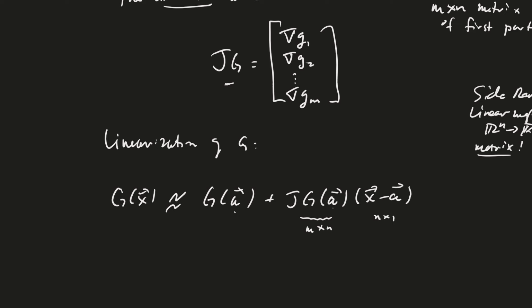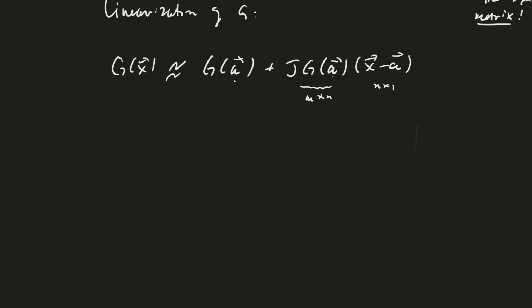So let's practice this on something. How about, I was just going to use the notes. Oh, that's kind of complicated. Okay, let me just make one up. How about g of x equals x squared plus 3y plus 2z.